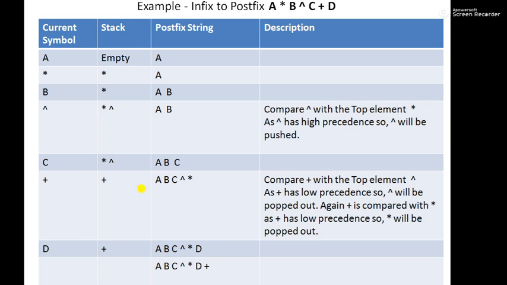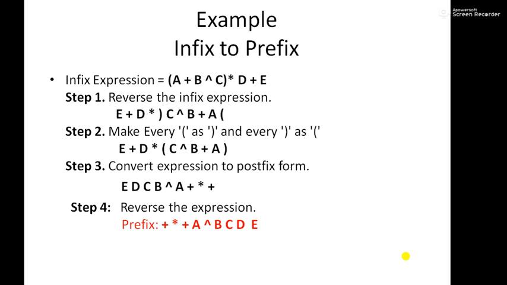Let us check the example for infix to prefix. So this is the example which I have taken. It is in the infix: a plus b exponential c, and multiplication d plus e. Okay.